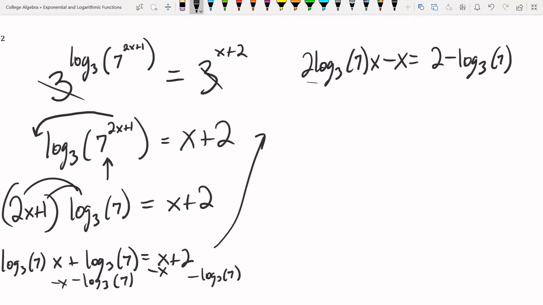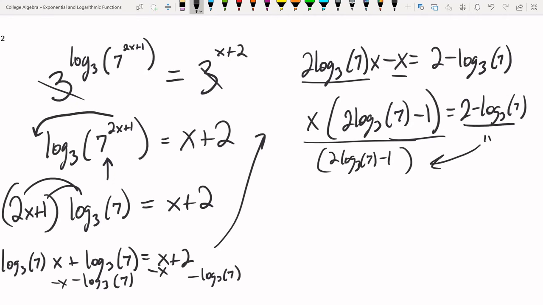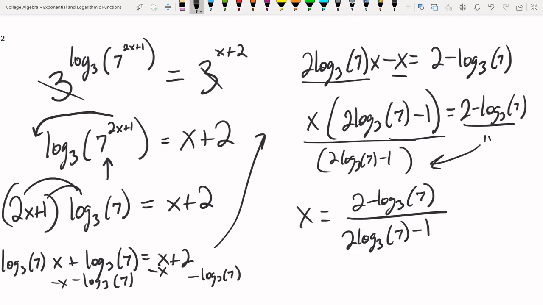I can undistribute or factor out an x from this, so I get x times 2 log base 3 of 7 minus 1 equals 2 minus log base 3 of 7. And now I can divide by this thing here in parentheses. x equals 2 minus log base 3 of 7 over 2 log base 3 of 7 minus 1.